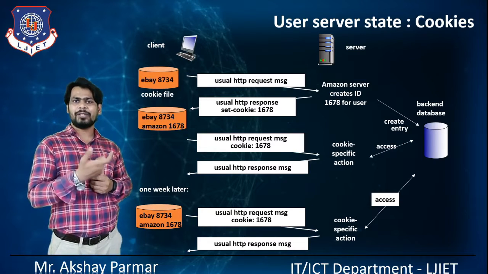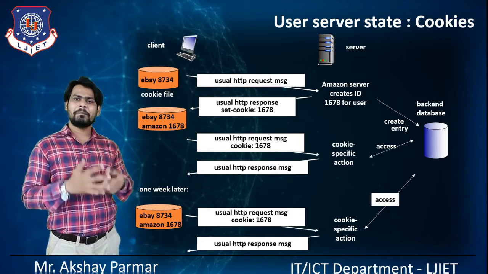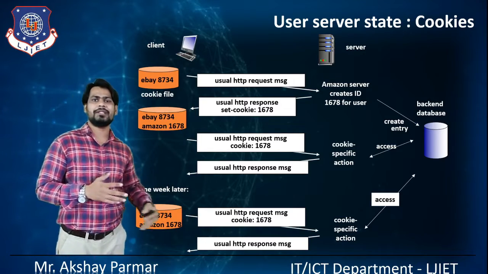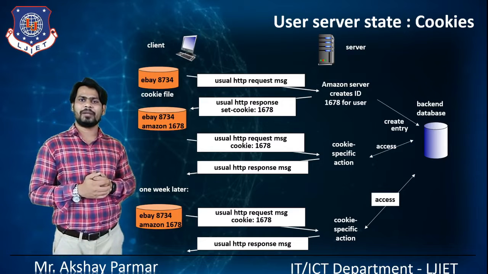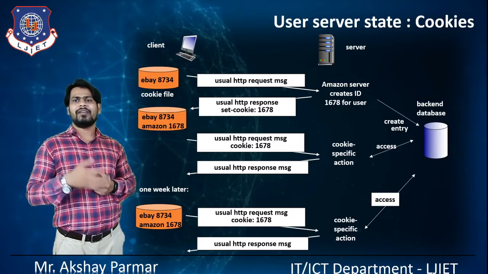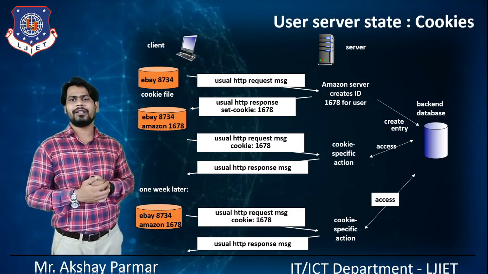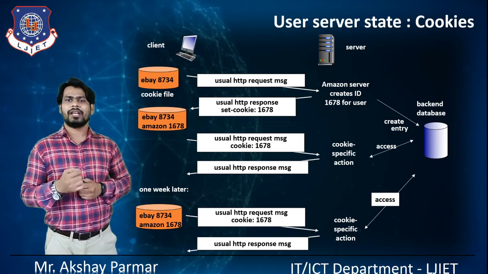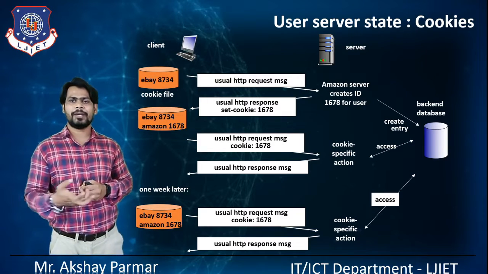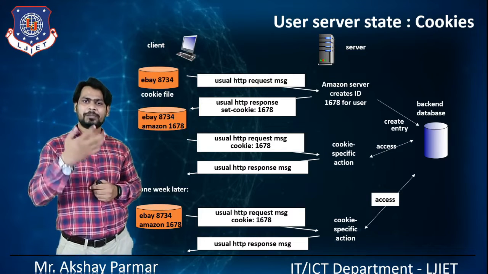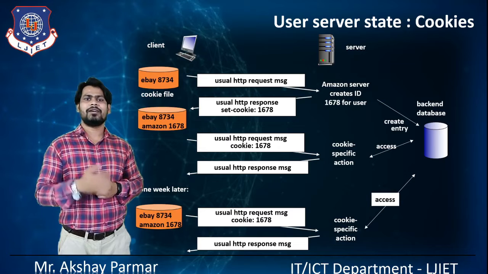After the Amazon server creates ID 1678 for the user, it stores it in the backend database at the server side. It creates an entry for that particular user. After that, whenever the user sends that stored cookie while requesting the same website, the server looks in the backend database which it already created.